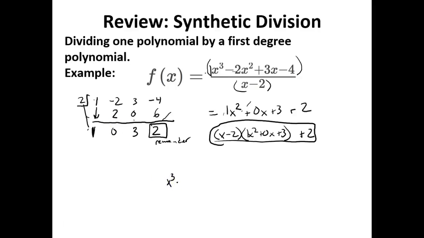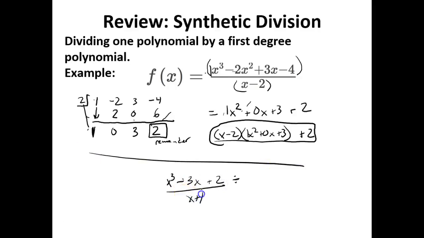I have no idea if this one would come out right. When you do synthetic division, if you wanted to divide by, I don't know, x plus 1, you would do negative 1, use coefficients, 1 for the x to the third, there's no x squared term, so you need to use a 0 as a placeholder, minus 3 plus 2, and then drop the 1.